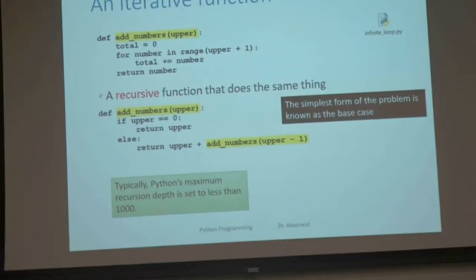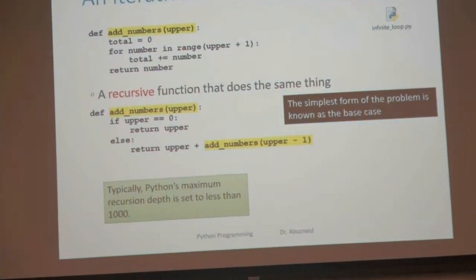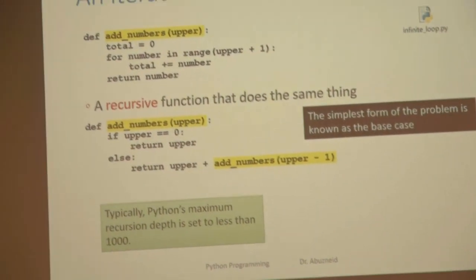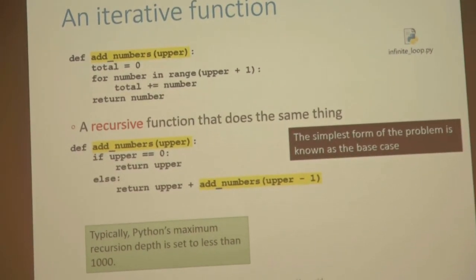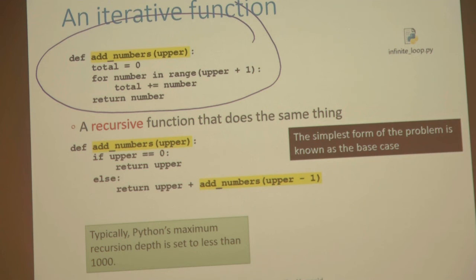So look in here, for example. Let's say that we're going to have a function to add numbers. If we have 5, we need to add 5 plus 4 plus 3 plus 2 plus 1 plus 0. We could do it in 2 ways. We could do it in an iterative way, like this in here. What I did: total equals 0, for number in range(upper plus 1). Why is it upper plus 1?